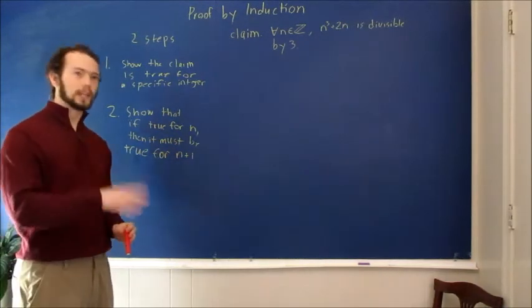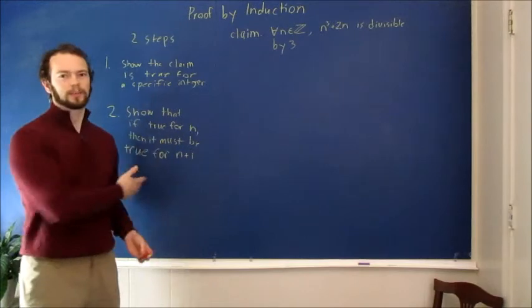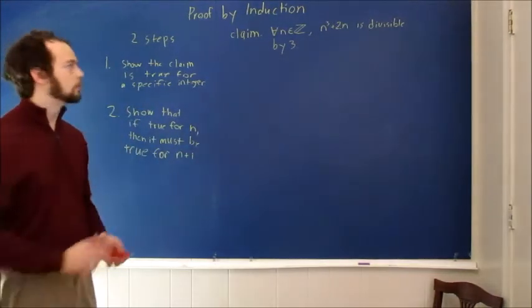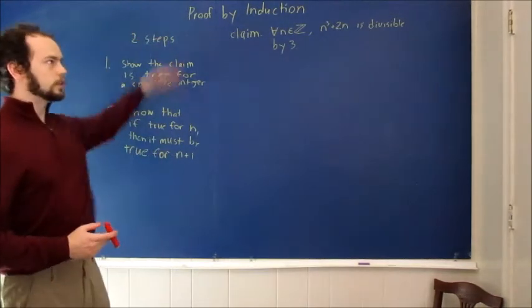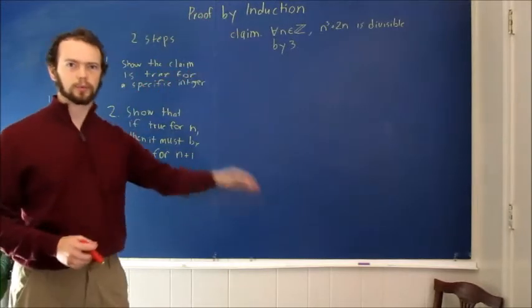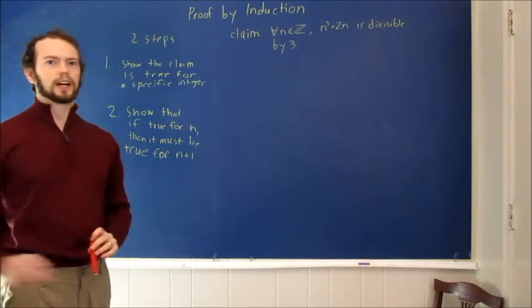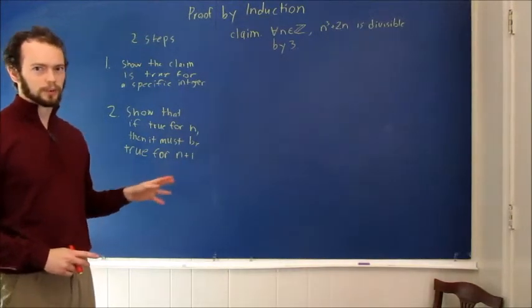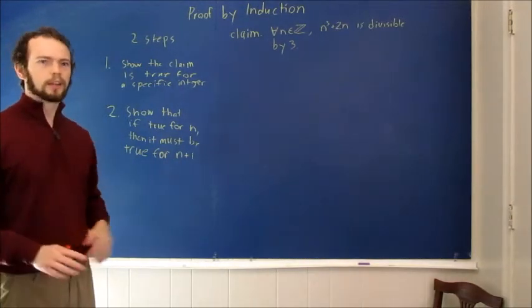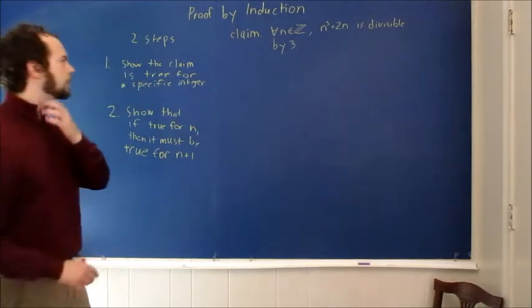But if it's true for n equals 1, then by the second part again, it must be true for when n equals 2. And so then you can see how you get through all the integers like that. It proves that for any integer, it will always be correct, for any integer greater than the one that you started with, at any rate.